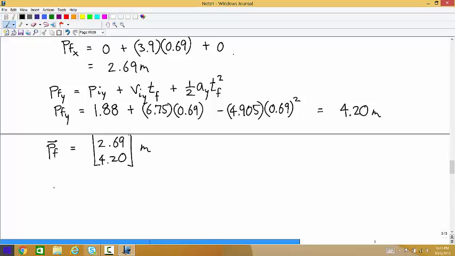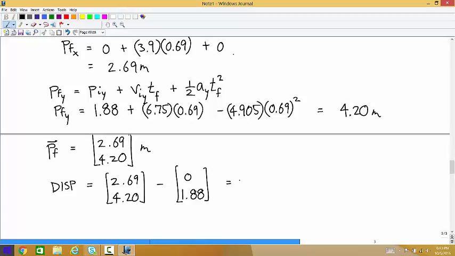And so the displacement is 2.69, 4.20 minus 0, 1.88. So 2.69 and then 2.32. Any questions about that one?